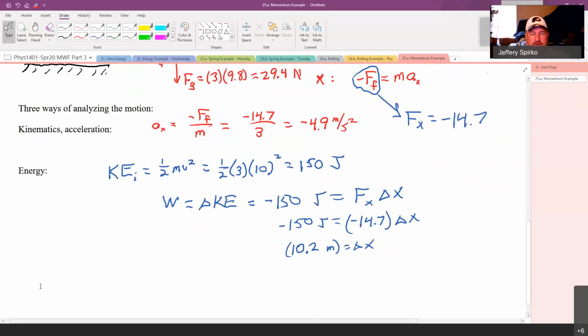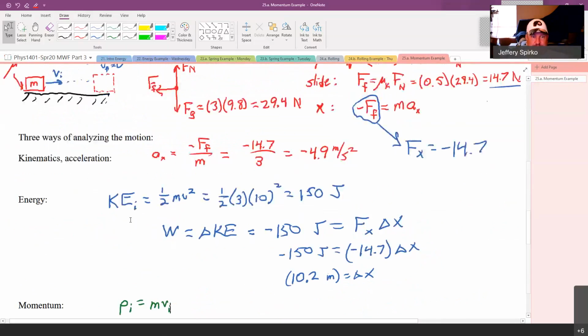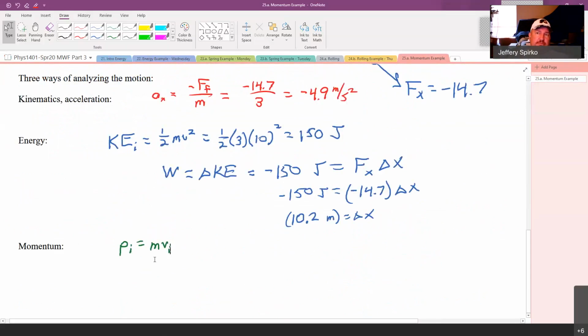And now we have a third method of analysis, momentum. And in a momentum analysis, our momentum initial is equal to mv initial, because momentum is calculated just by taking mass times velocity. So if I want the initial momentum, I use the initial velocity.